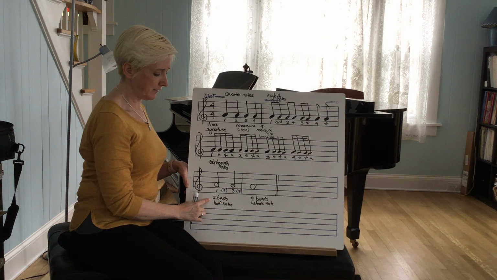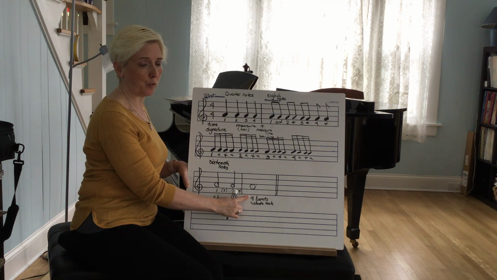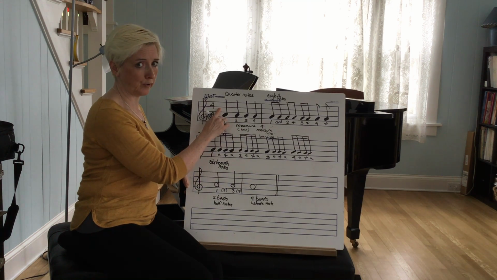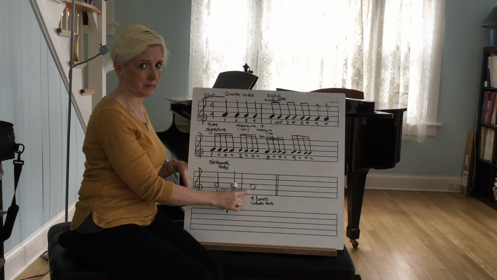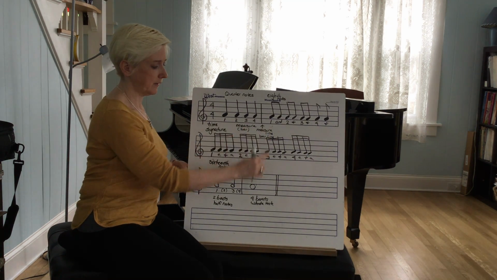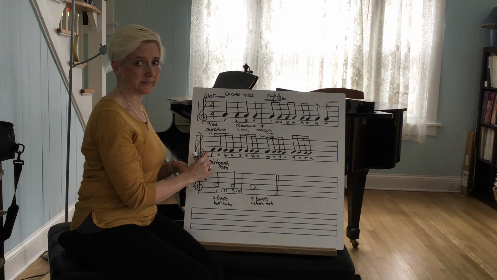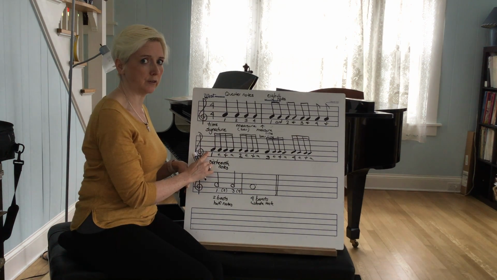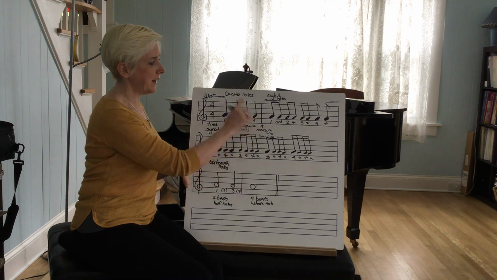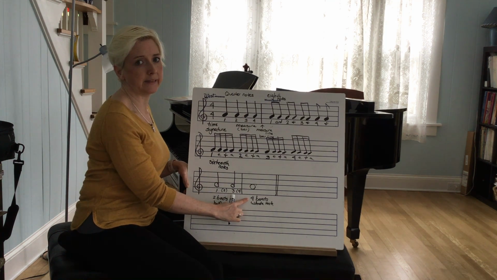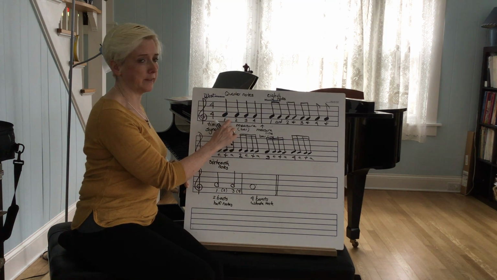It takes 2 half notes to get a whole measure. It takes 4 quarter notes to get a whole measure, 8 eighth notes for the whole measure, and 16 16th notes for the whole measure. So the names make a lot more sense when you relate it to the whole rather than to the beat.